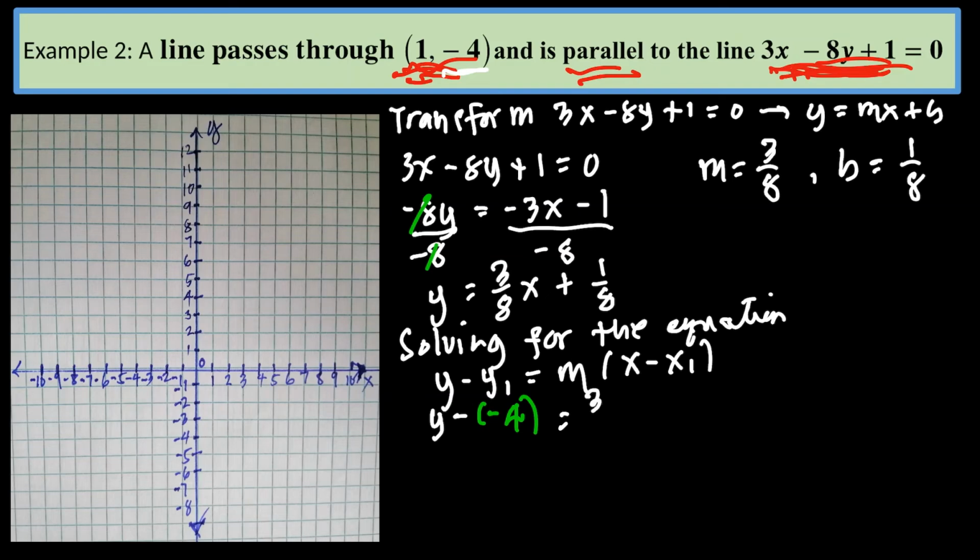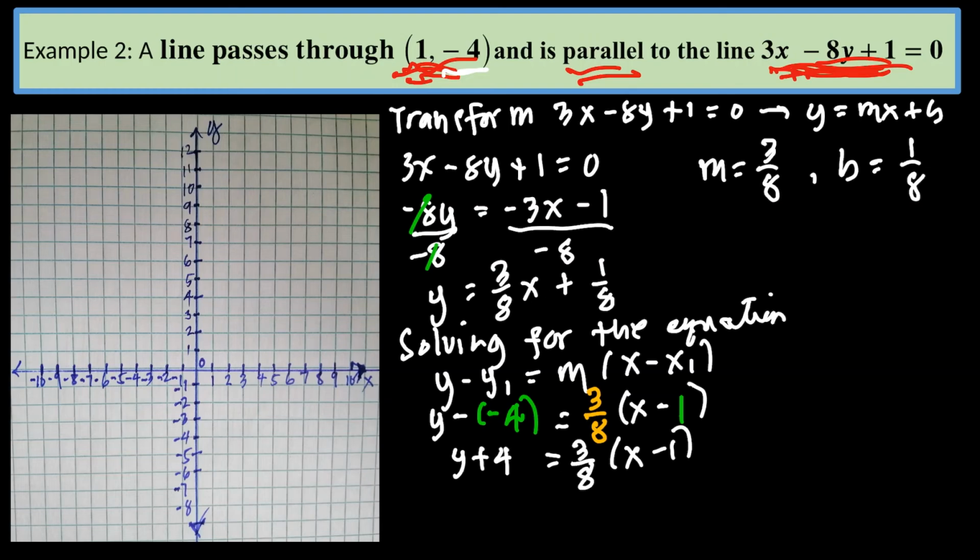So this will be 3 over 8 times x minus x sub 1, which is 1, so x minus 1. Simplifying this further, we have y plus 4 equals 3 over 8 times x minus 1.